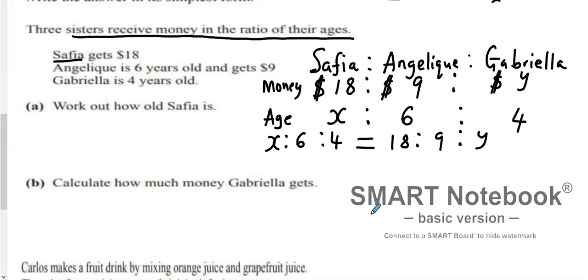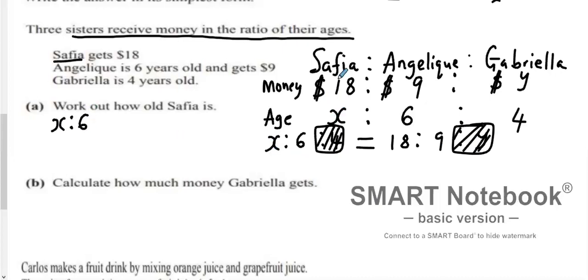So what I'm going to do is work out how old Safia is. Safia is X years. Because I'm looking for the value of X, I'm going to ignore this number, this number, and that one. So I'm going to have X : 6.